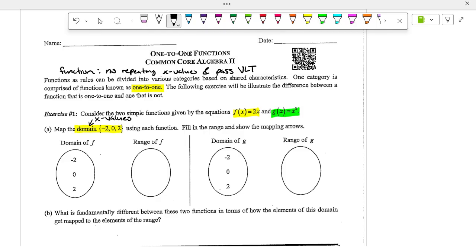What do we do for warm-up today? How do we get the Y values given the X values and the function? Just plug them back in for the function. All right. So for f of x, f of x is equal to 2x. So all we've got to do is do what to each of these x values for f?